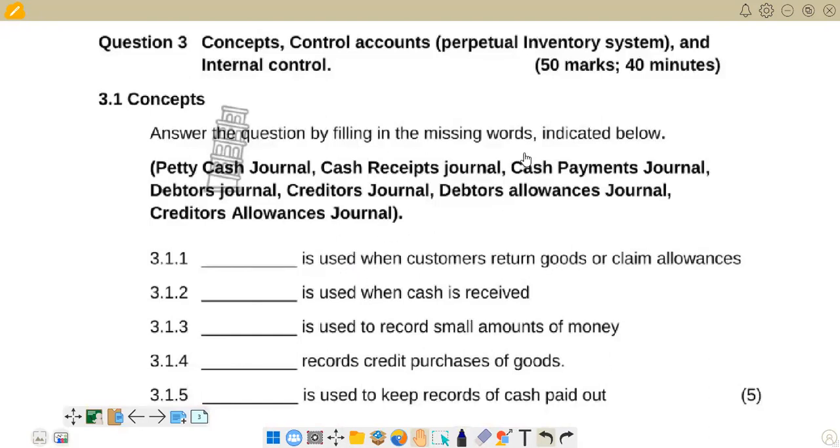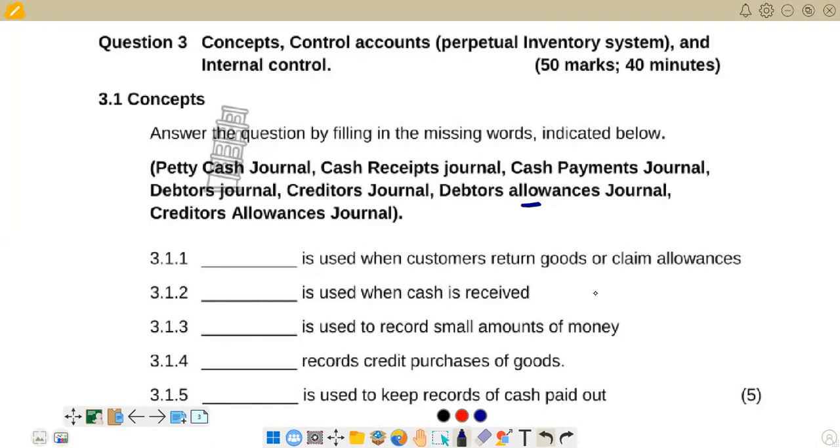You see that we've got the debtors allowance journal here. This is the one that is used. We can also call it a returns journal. It records the goods that have been returned by customers. So here on 3.1.1, we've got the debtors allowance journal.